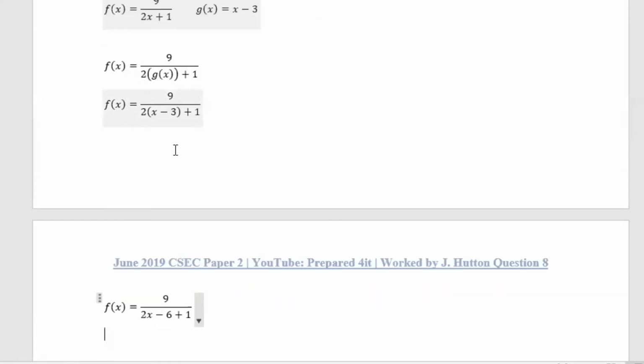And now looking at that, what we'll have is f of x is equal to 9 divided by minus 6 plus 1 will leave us with a minus 5. So what we'll have is 9 divided by 2x minus 5, and this is our answer in its simplest form.